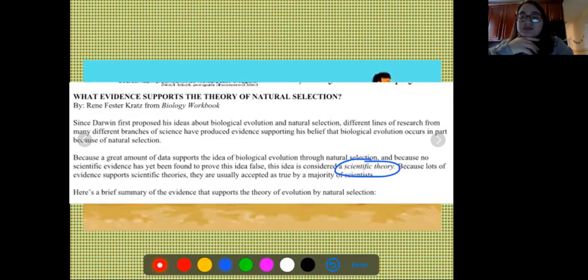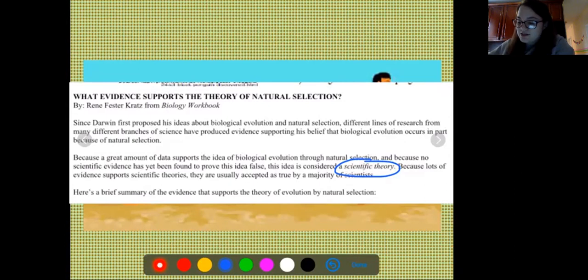And it's generally accepted as true because we have a lot of evidence that supports this theory, that confirms what we suspect is true, but there's really no definite way for us to confirm that it's actually a fact because as far as I'm aware, none of us were back on the Galapagos Islands back when Darwin started studying this process, right? We can't physically see it happen because it happens over such broad generations. So we can't really prove that it's true, but we've got so much evidence that supports it and backs it up that it's very, very widely accepted.